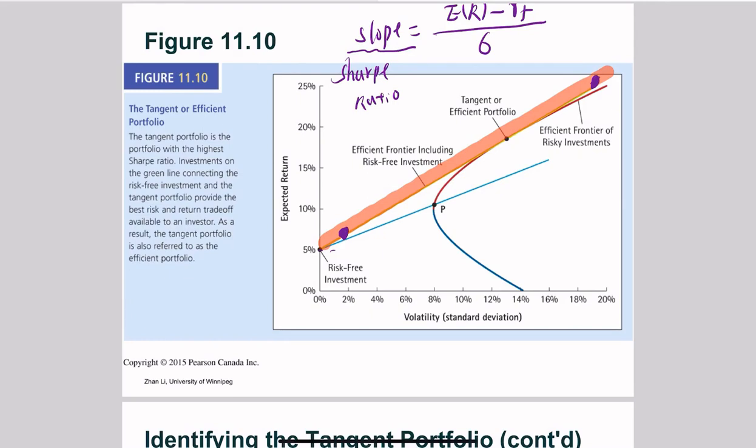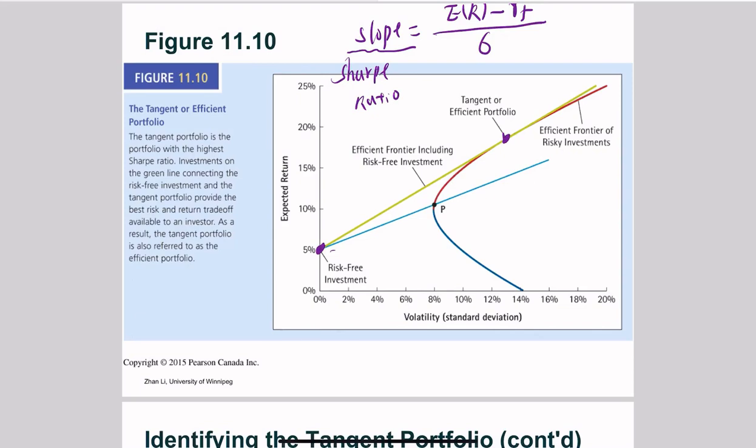Now the third point, which is subtle, is every investor will only invest in two kinds of assets. An investor will only invest in the risk-free investment and the tangent portfolio, right? How could you see this?